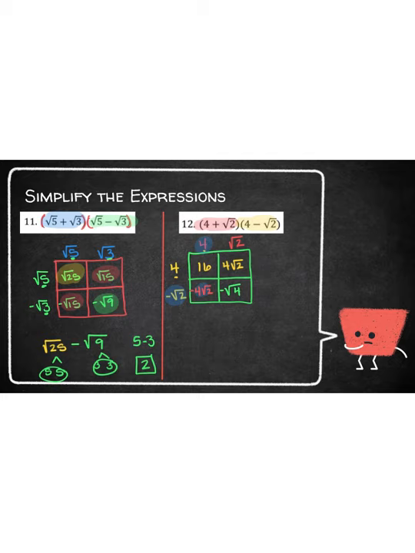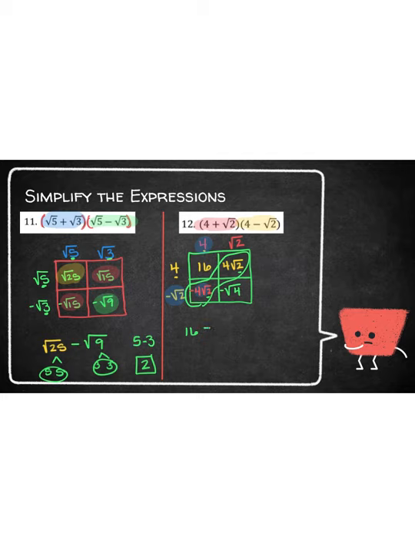Okay, so now we're going to start with that top left box. So top left box is just a 16. So I'm going to start with a 16. We're going to combine these two, because they both have that square root 2. Remember, if they have the same, you can combine those. So I have a 4 minus 4, and those are just going to cancel out. So those are not even there.